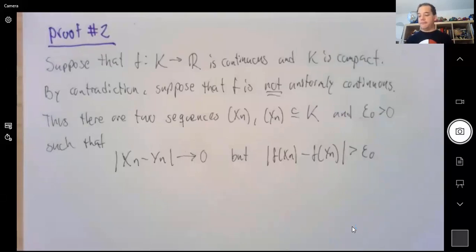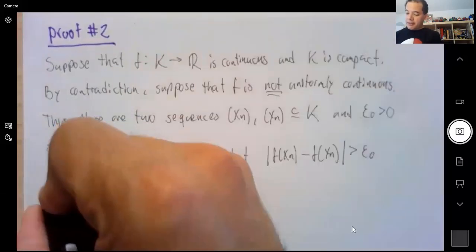What's the definition? Closed and bounded? Yes, so K is closed and bounded, but what do we know about sequences in a compact set? Yes, Petros wrote, they have a convergent subsequence. Exactly, that's what we want, right?